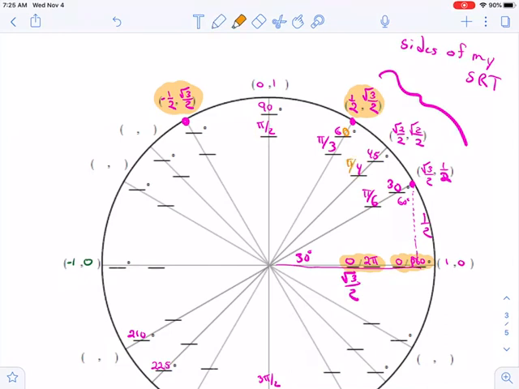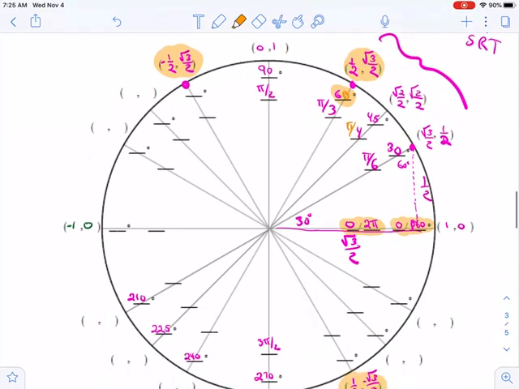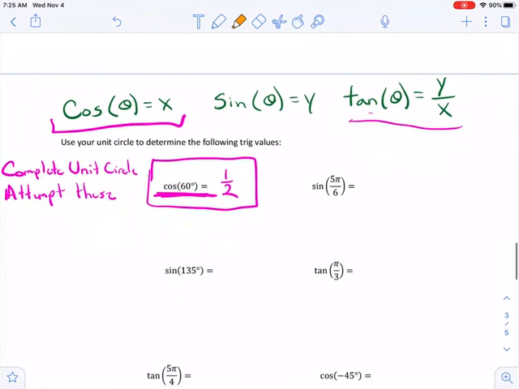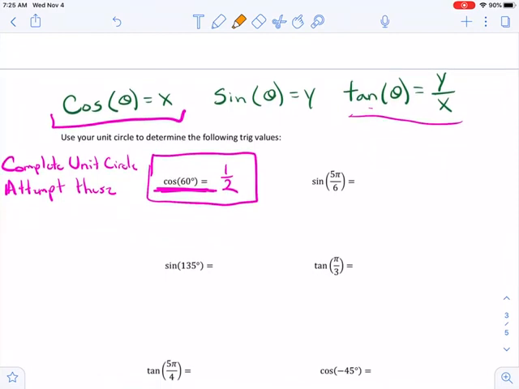So then cosine, I just said, was my x-coordinate, so that's going to give me 1/2 because the x-coordinate at that point is 1/2. So then I can just plug in 1/2. And all these other ones should fall on that unit circle as well. It's mostly just going to be a matter of finding either the x-coordinate or the y-coordinate if you're doing cosine or sine, or if you're doing tangent, y divided by x.